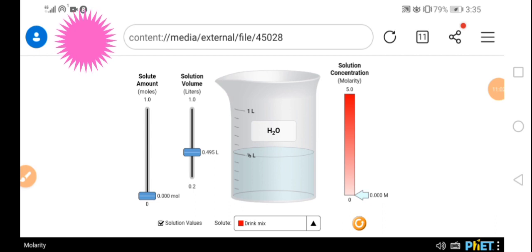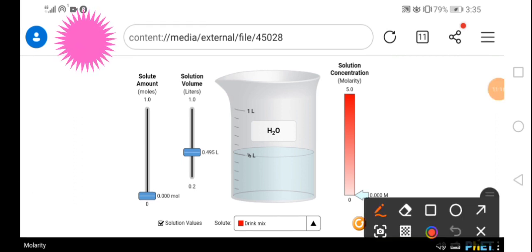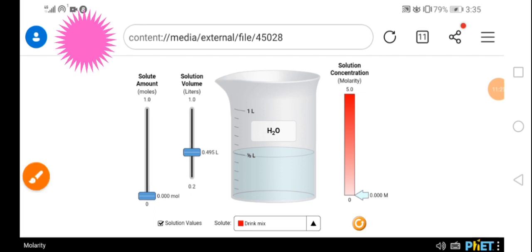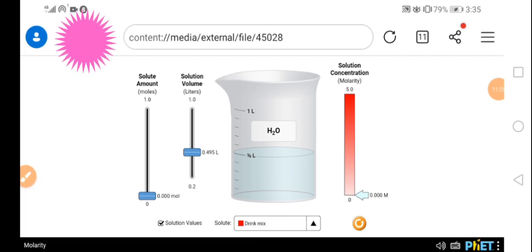So that is same as 0.5 liters. Okay, so this is my initial volume of water.